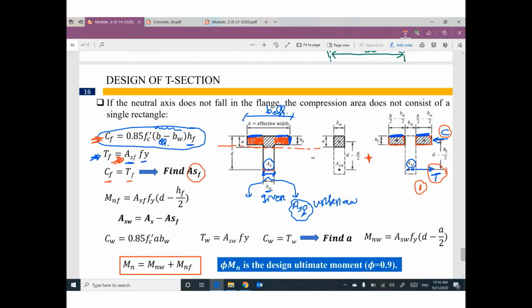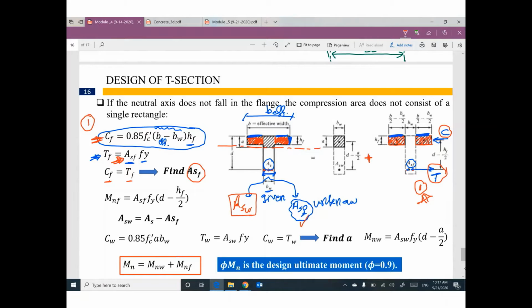So first step, first part of the cross section, I can figure out how much steel reinforcement here is working with this part of the cross section. My question is, if you know this part of area steel, anybody can know how much remaining? I will assume the remaining area steel web. How much?